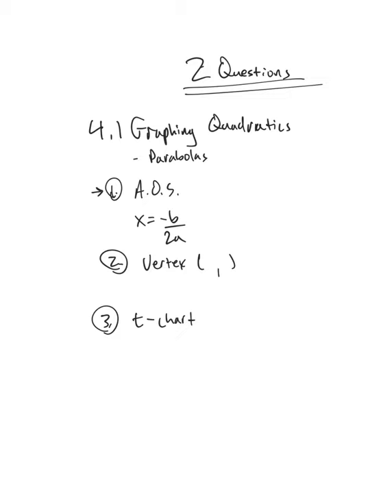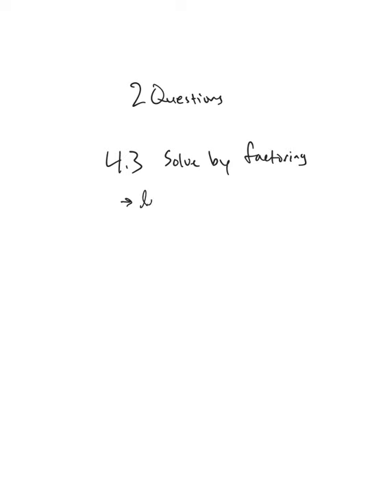Your next 2 questions are going to come from lesson 4.3, which is solve by factoring. So you're going to have 2 questions where you solve the quadratic by factoring. Guys, I want one of the questions to have a leading coefficient of 1.